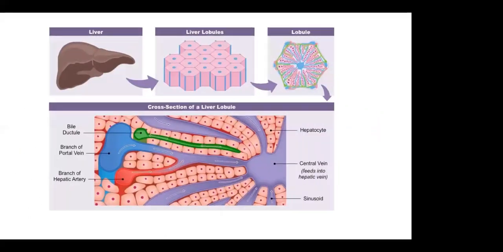And if you consider this diagram showing the liver, and this is how the liver lobules look, and this is a single lobule, magnified as a cross-section of the liver lobule, you can see this is the triad containing a branch of the hepatic artery, the portal vein, and the bile ductules.